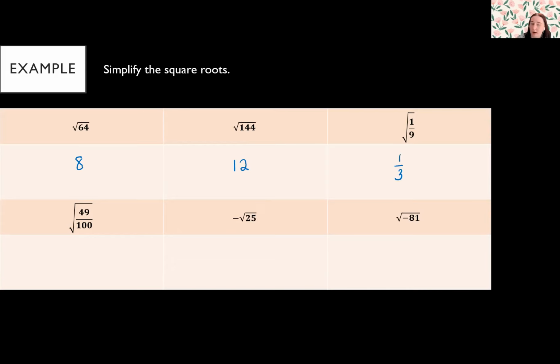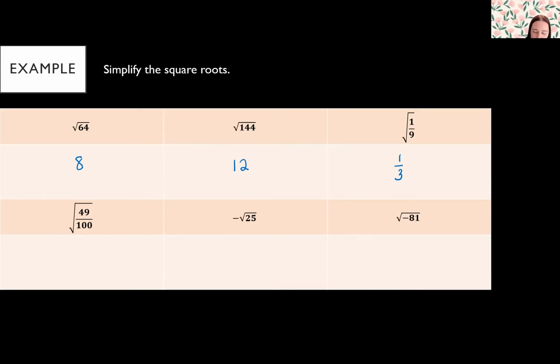And this is where you might want to use your calculator. When you're doing the square root, you want to make sure that you have the 1/9 in parentheses, so that you're taking the square root of the whole thing. We don't normally put it in parentheses with the square root symbol because it's already kind of grouped together.